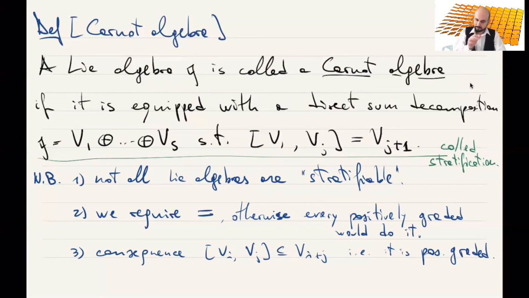Now we have given a name to the algebras that admit a stratification. We call them Carnot algebras.